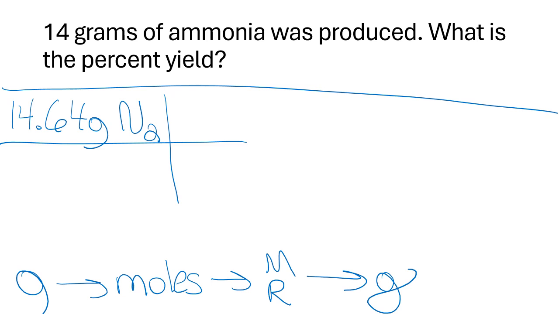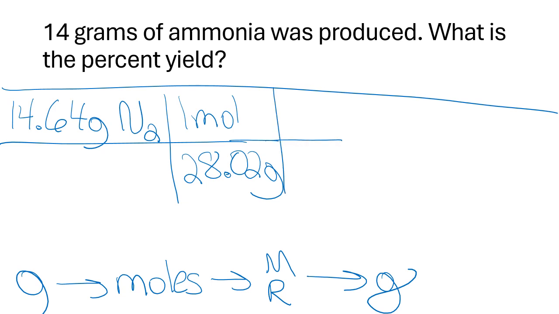We have grams of N2. 1 mole of N2 is 28.02 grams. So I'm repeating the steps from before. It doesn't matter if you do or not, but we would already have the answer to this. Anyways, grams to moles, we now can cancel out grams and we have moles.